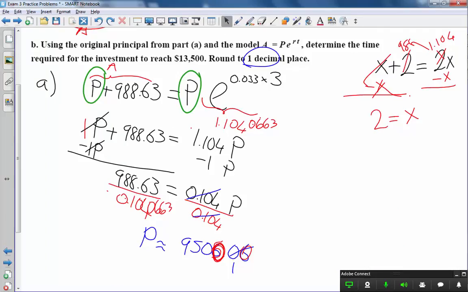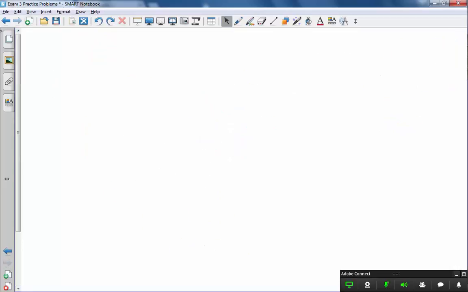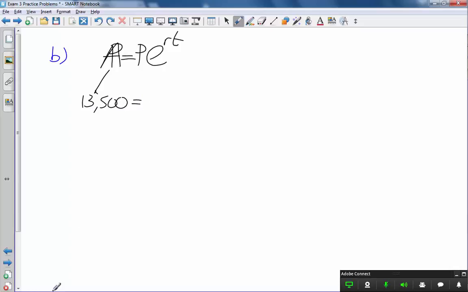So again, we start part B with the same formula, A equals Pert. And our goal is to make 13 grand, right? This is how much you want after several years. But the starting value is 9,500. The rate is the same, right?